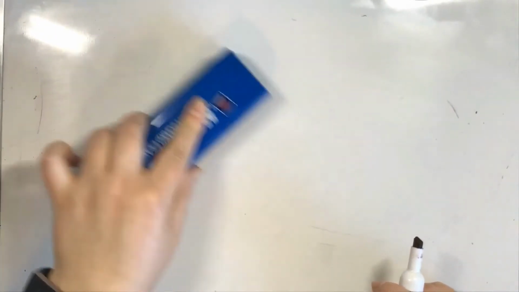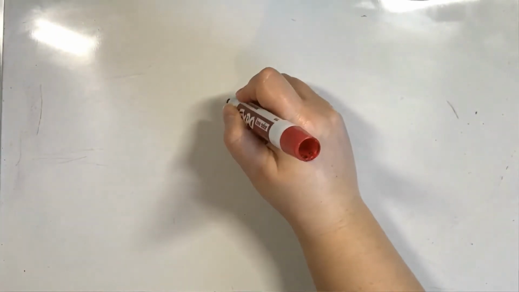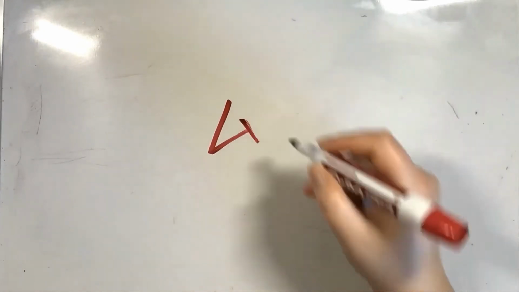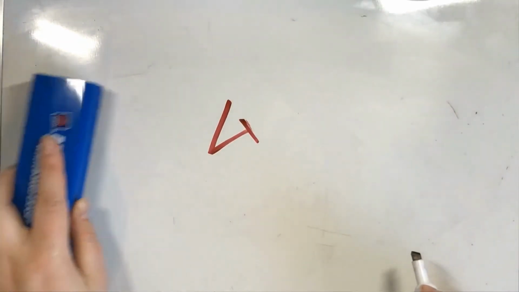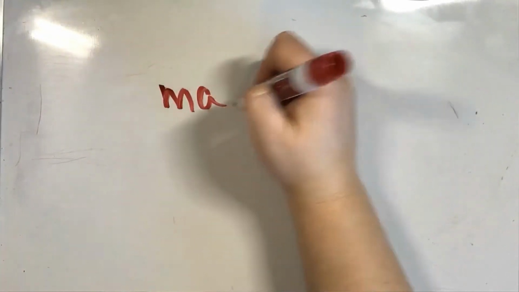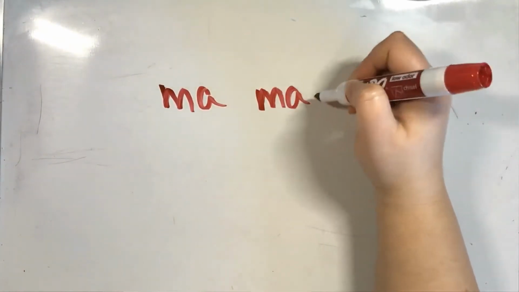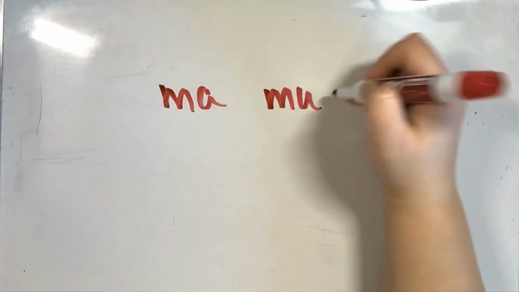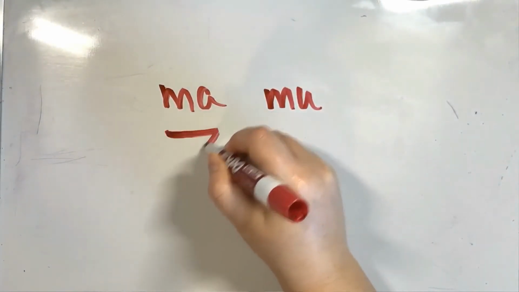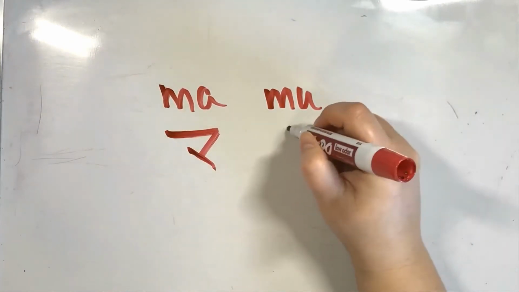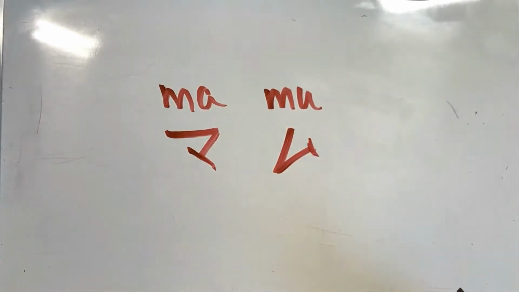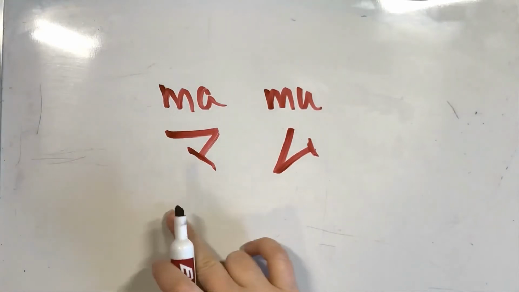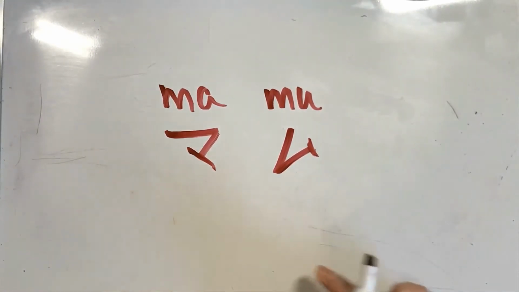One last time. Down, across, intersect. So I'm going to show you that comparison between ma and mu. So we have ma, and mu. Ma goes this way, mu goes that way. So it could get mixed up just because they are both angled shapes with the line going across.